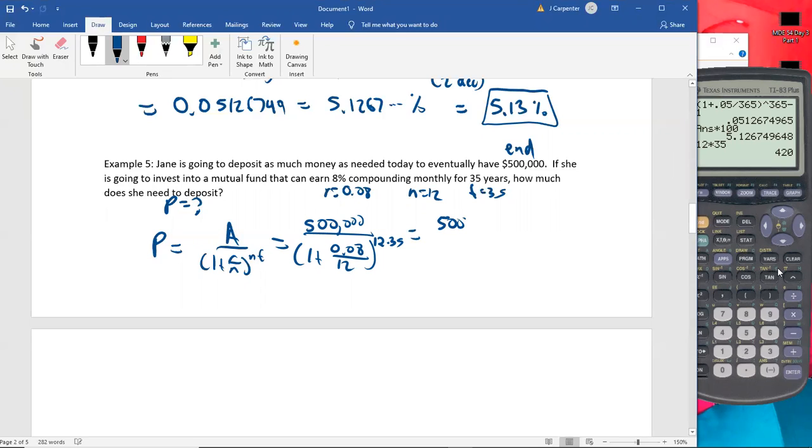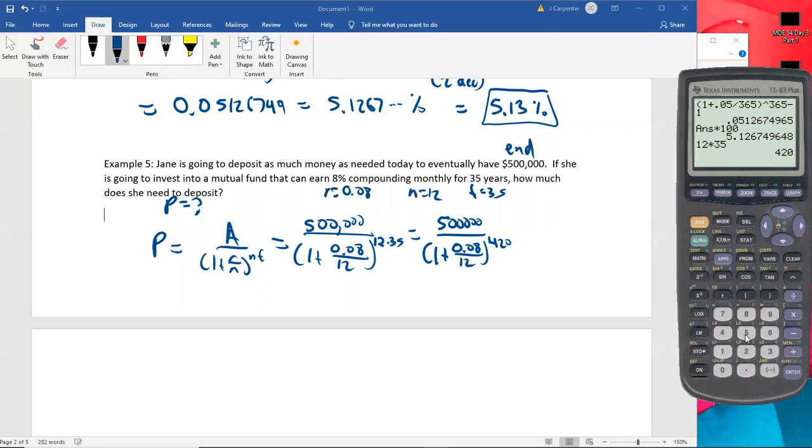That's 500,000 divided by parentheses 1 plus 0.08 over 12, raised to the 420th power. So then we just type that out, plus 0.08 divided by 12, close it, raise it to the 420th power.